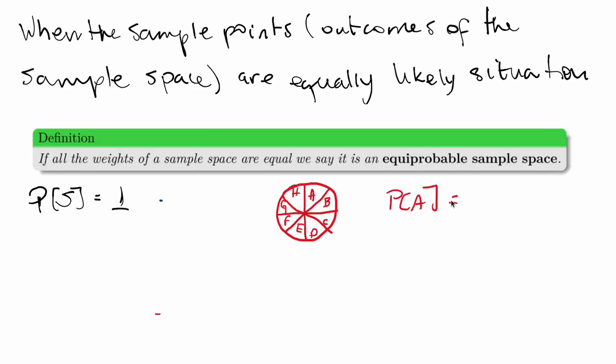So what is the definition of an equiprobable sample space? Here's the definition. When the sample points, or the outcomes of the experiment in the sample space, are equally likely, the sample space is called an equiprobable sample space.